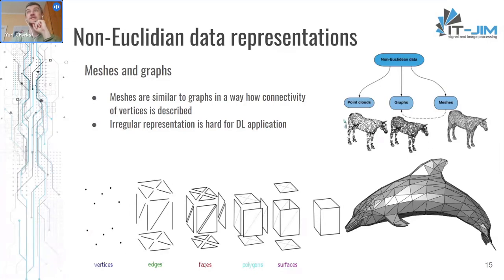Basically, they altogether are polygonal data that try to approximate the surface of our object, and in some way it can be understood as graph data, and in this way meshes are very similar to graphs.